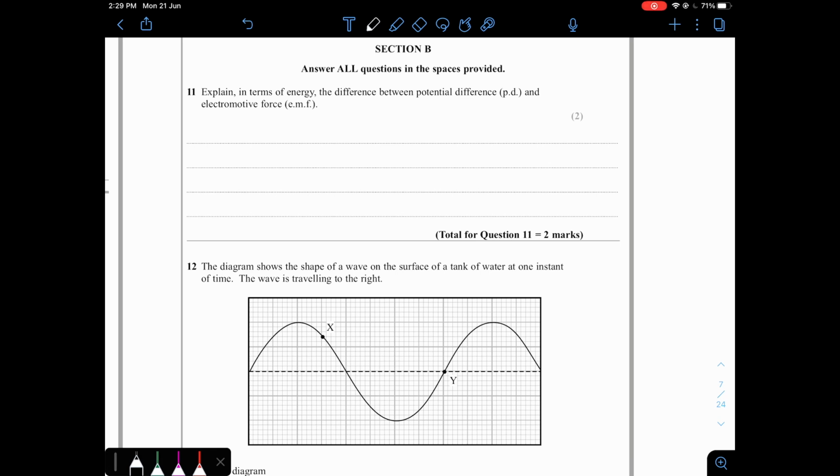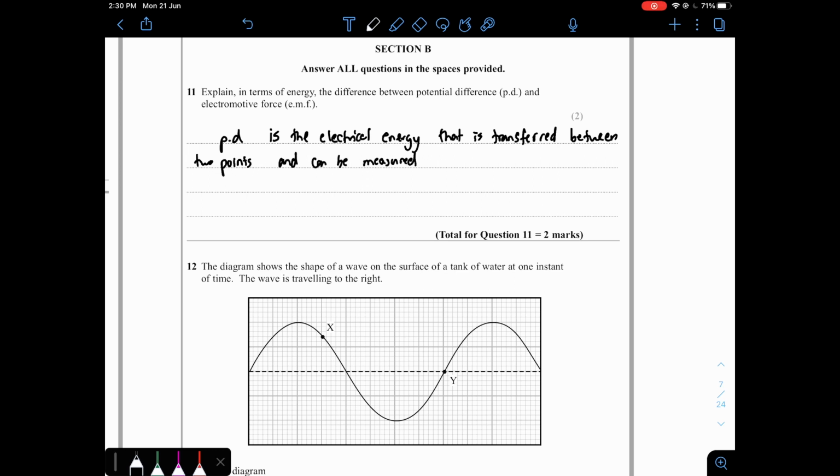We can say PD, or potential difference, is the electrical energy that is transferred between two points, and can be measured anywhere in the circuit. So that is our first mark, defining what PD is.